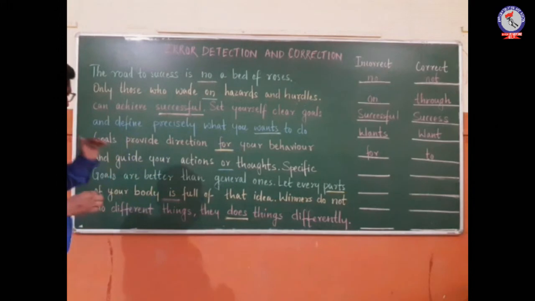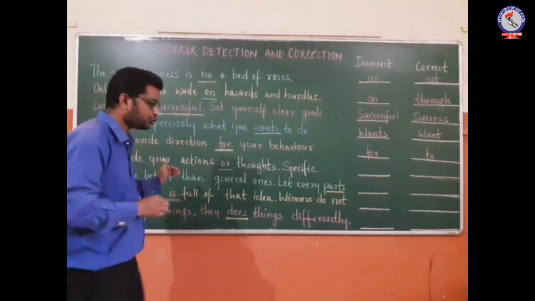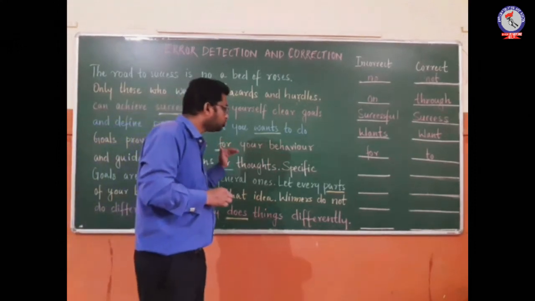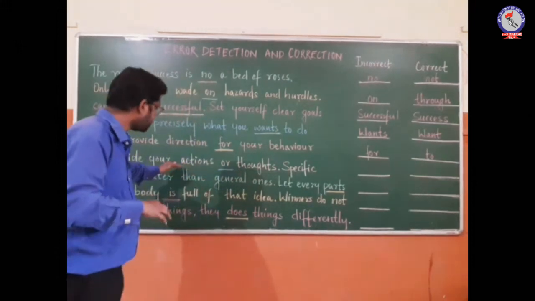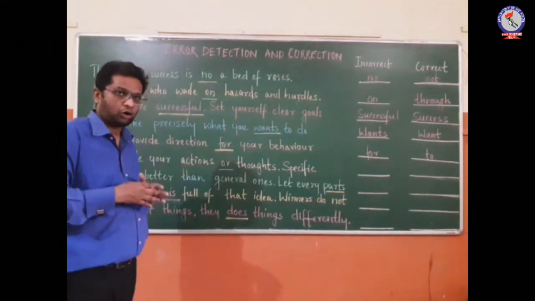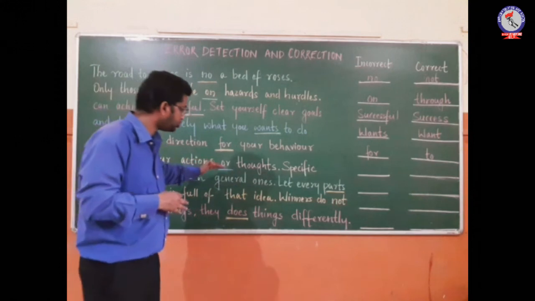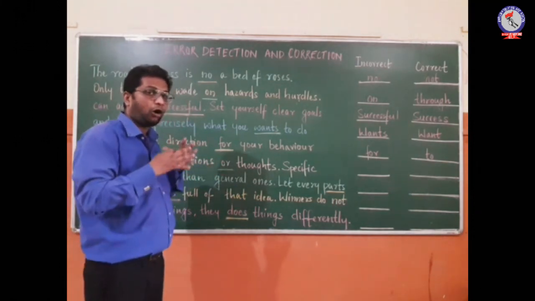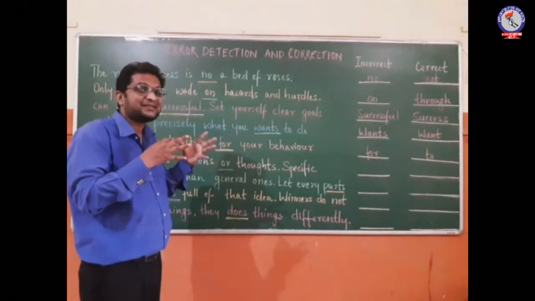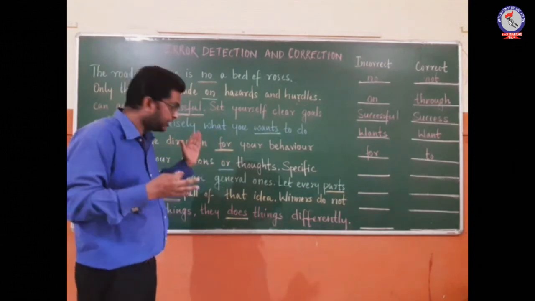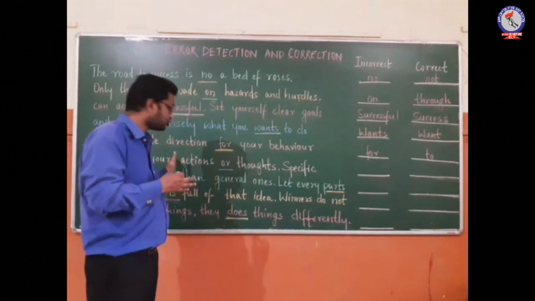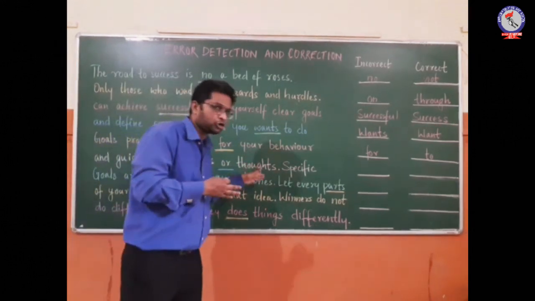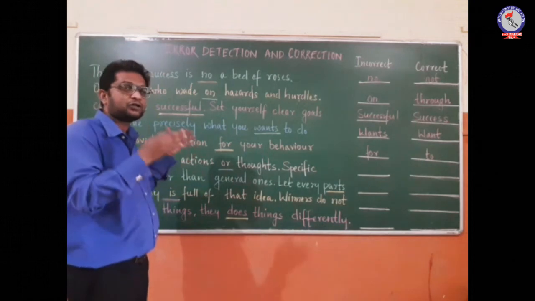Here we go to the next one. And guide your actions or thoughts. Specific. Now see here, actions or thoughts. Here is "or". Now "or" will be used with similar terms. Here, actions or thoughts, both are different terms.